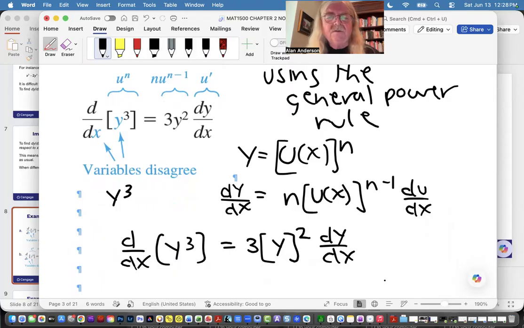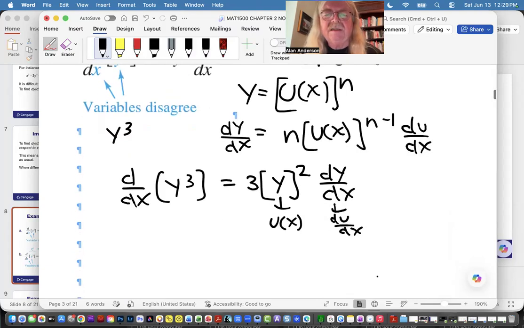Okay. So in other words, this is our u of x. This takes the place of u of x in the general power rule, and this takes the place of du dx. So that's in a nutshell how this works with implicit differentiation.